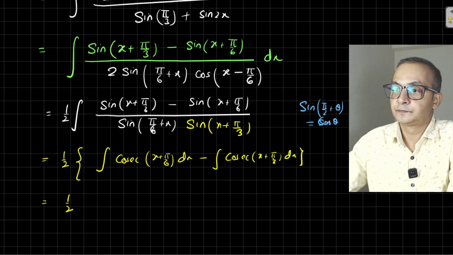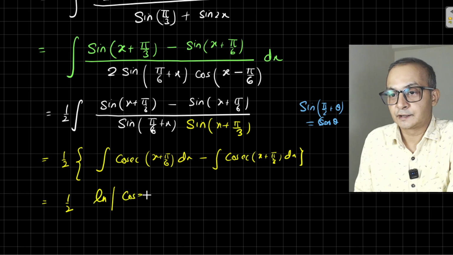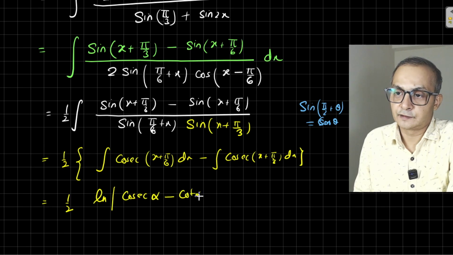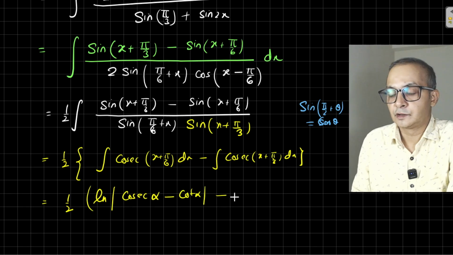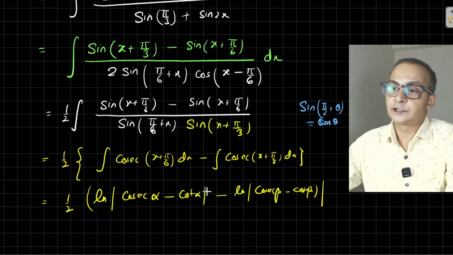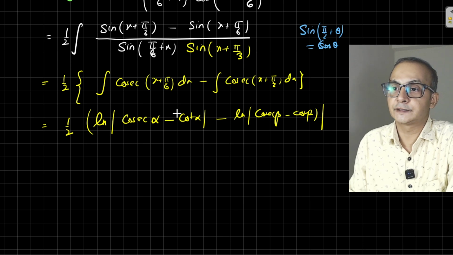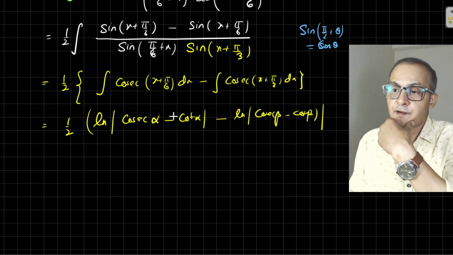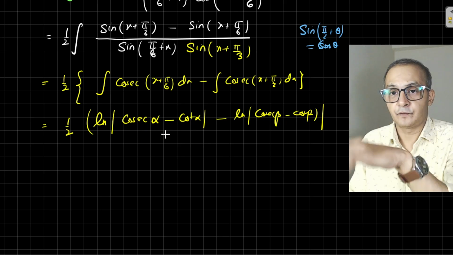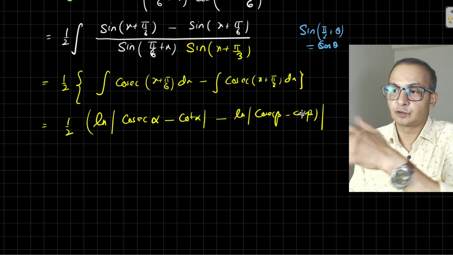This is half, and I have this integration as log of cosec alpha minus cot alpha, calling it alpha for convenience, and here I'm getting log of cosec beta minus cot beta, where this is beta. Now it's easy to convert into cot, because in the numerator I have 1 minus cos alpha by sine alpha, and here also 1 minus cos alpha by sine alpha.